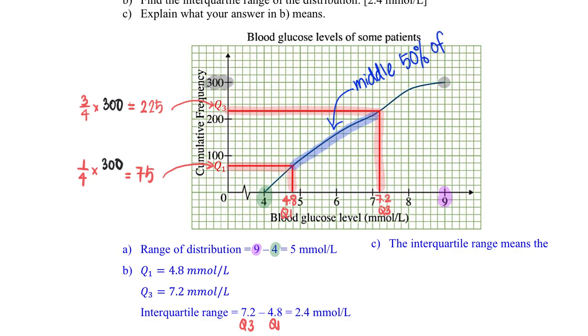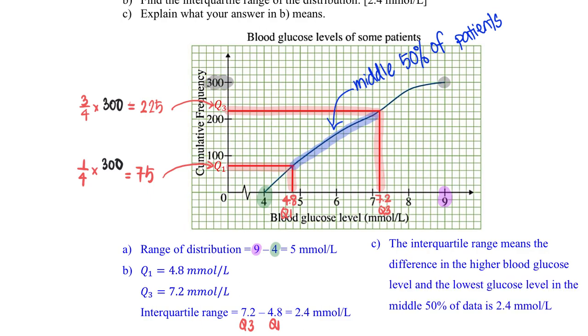In this case, middle 50% of the patients. What is their range? Okay, so that is exactly what it means. It means that the range of this middle 50% is 2.4.